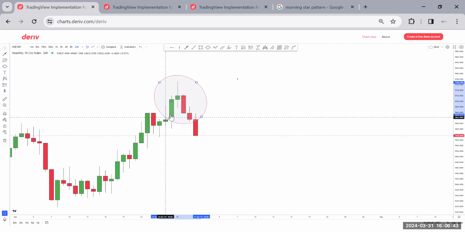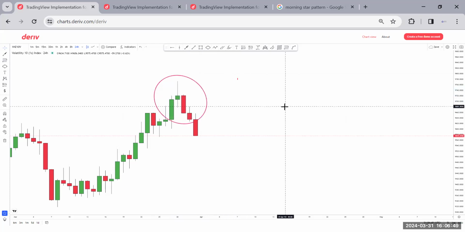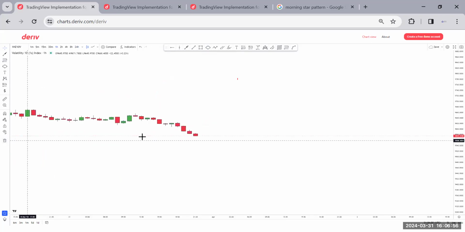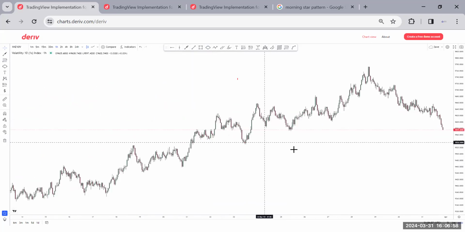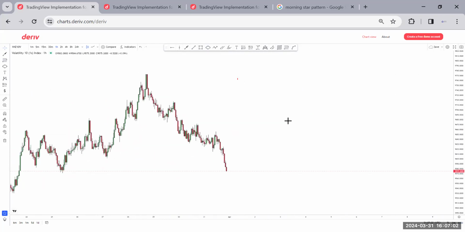This asset is now selling. This is the 24-hour. When you go to the 1 hour, you see the nice sell. So both are looking for sales. It's selling.